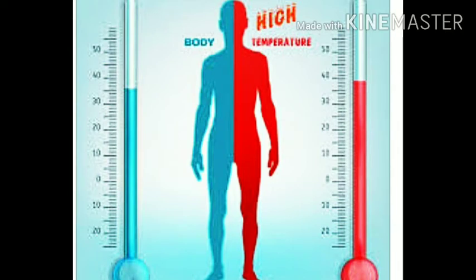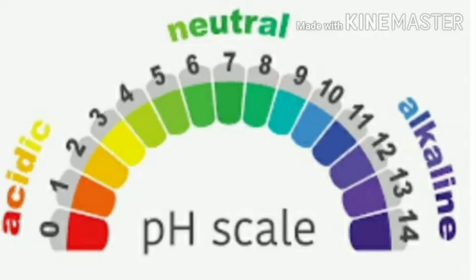Body temperature. While normal body temperature of 37 degrees Celsius inhibits the growth of some microbes, body temperature, especially fever, limits or prevents the growth of many microbes, especially viruses. pH level of the body.